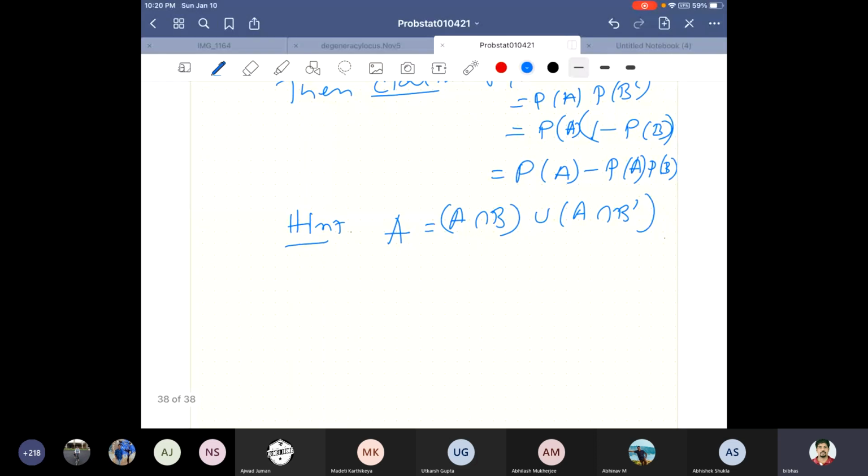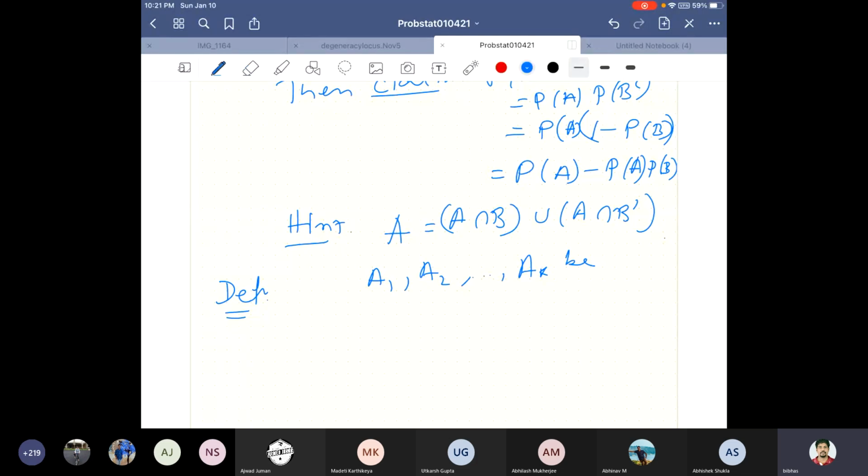In fact, if you have more than two events, let us say that this is a definition. Let A1, A2, dot, AK.